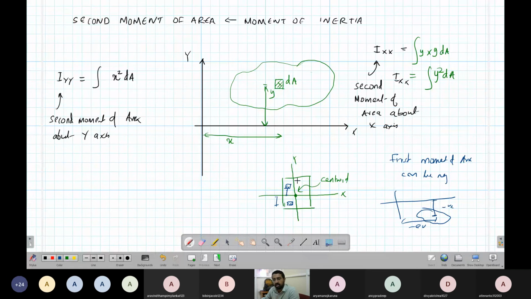Generally we always first find the moment of inertia about the centroid. If you have doubts it is natural; when you do a problem, it will be clearer. So generally, for the second moment of area, the first step is the centroid.